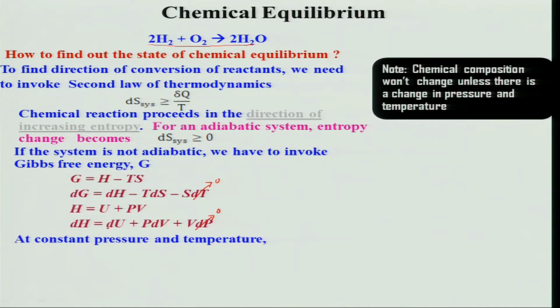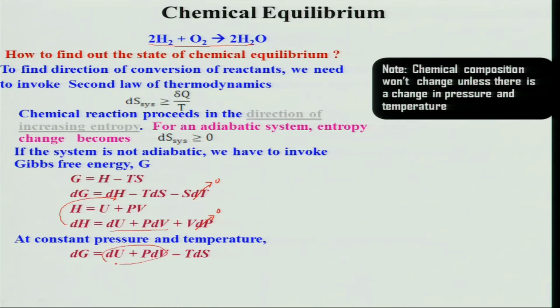If I substitute these values at constant pressure and temperature, dH is basically dU plus P dV, then I put this over here, and I get dG is equal to dU plus P dV minus T dS.